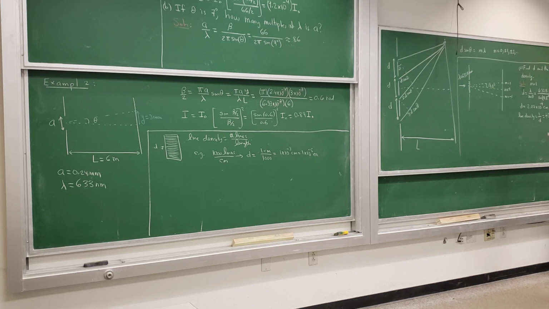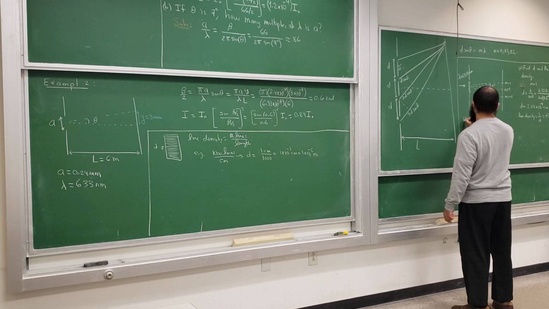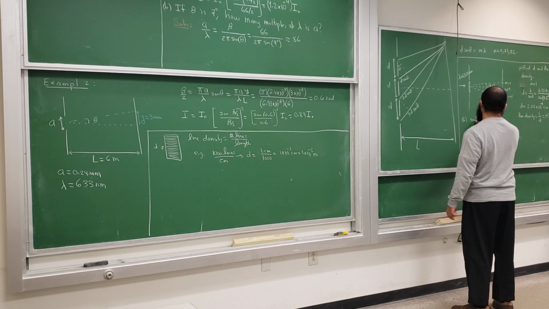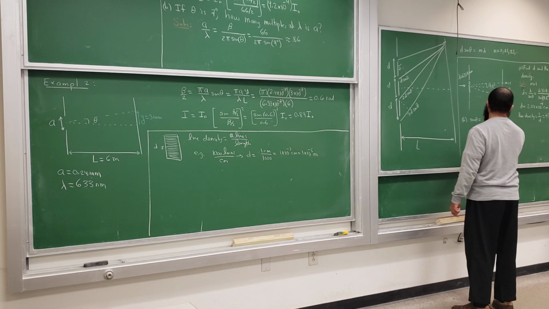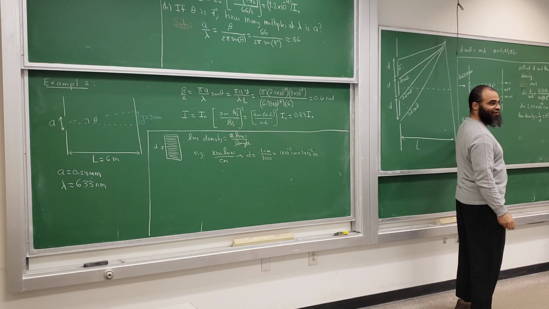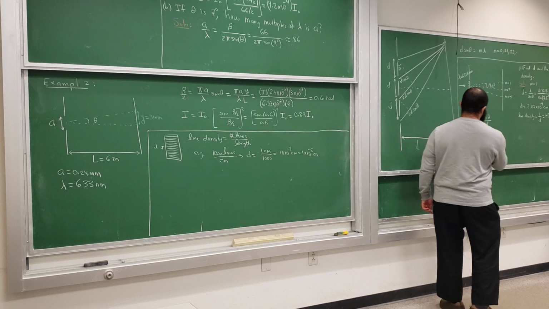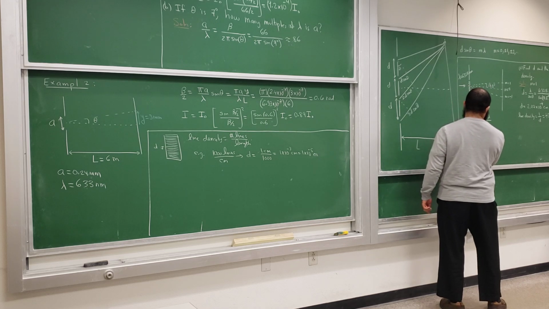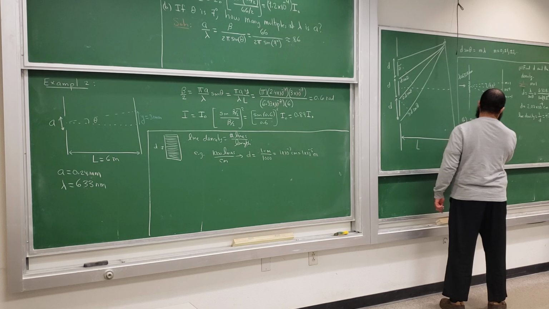Let's solve for sine. For part B, sine theta is equal to m lambda divided by d. It can't go on forever because the sine would exceed 1. So theta is equal to sine inverse of m lambda over d.